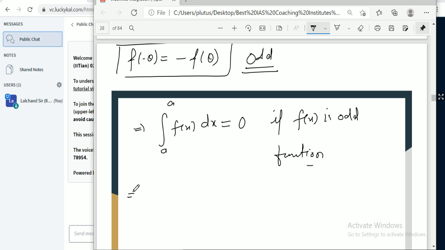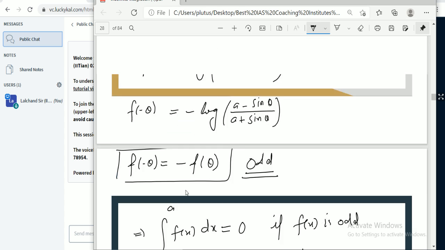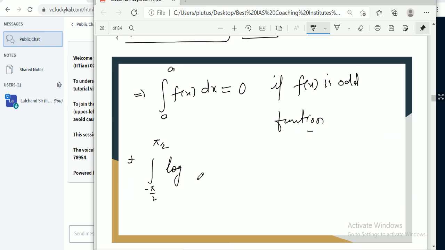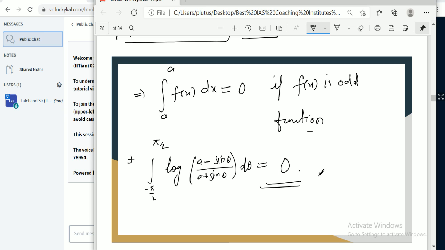So that means the integral from minus pi by 2 to pi by 2 of the logarithm of (a minus sin theta) divided by (a plus sin theta) d theta, that integral value is finally 0. Okay, this is the final answer for this question. So is there any doubt in this question? Okay, fine.